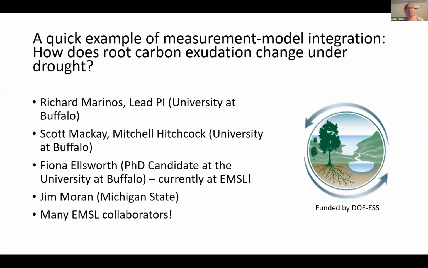So to take a bit of a shift towards some newer work and a little bit more quantitative measurement model integration, I wanted to include this partially because Fiona Ellsworth is currently at EMSL. I don't know if she's actually there in the audience. Hi, Fiona. She's conducting these measurements basically as we speak.